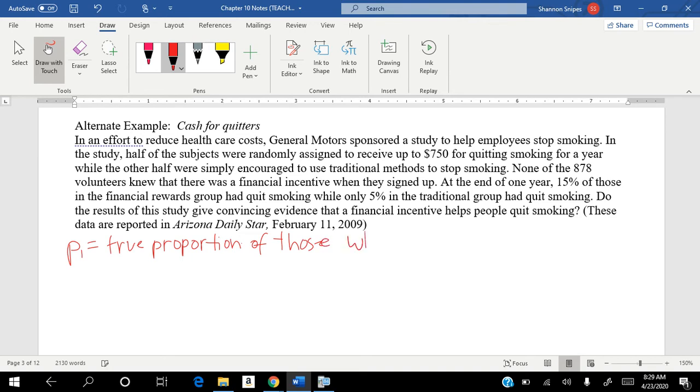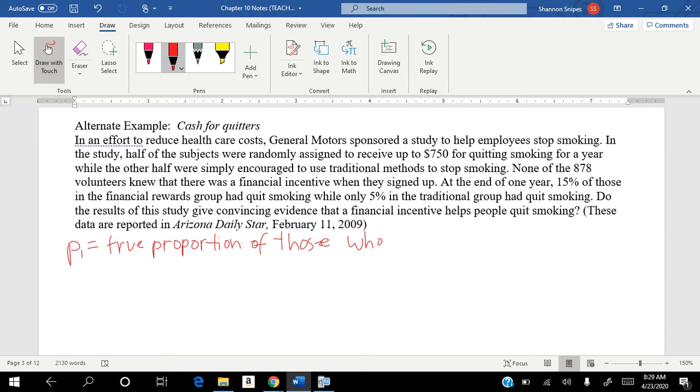Do you want to let P1 be the true proportion of those who had a financial incentive or those who did not? I asked that question so you know that it really doesn't matter, but this is why you have to define your parameters. Your AP reader, me, we need to know what your P1 and P2 stand for, and the only way to do that is to tell us.